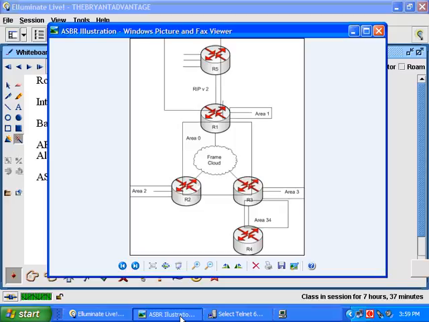Or is there? Router 4 does. Router 4 is now actually an internal router because we took the loopback off. So we've got router 4 there as an internal router. The other router we have to be concerned about is actually a backbone router.